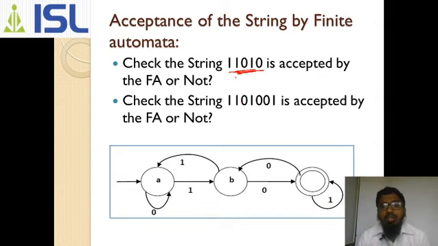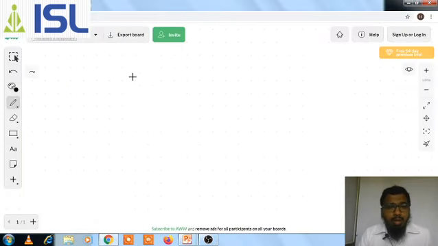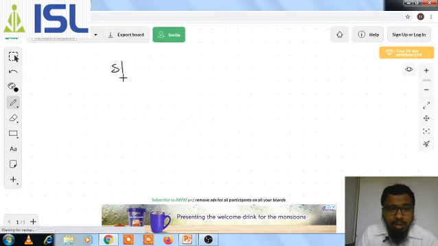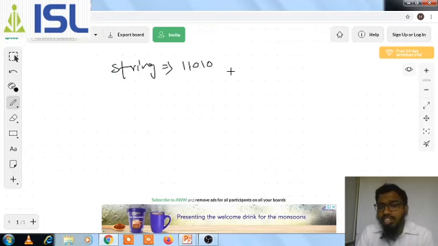So I will write the string here. What is a string? 1 1 1 1 0 1 0. This is a string.